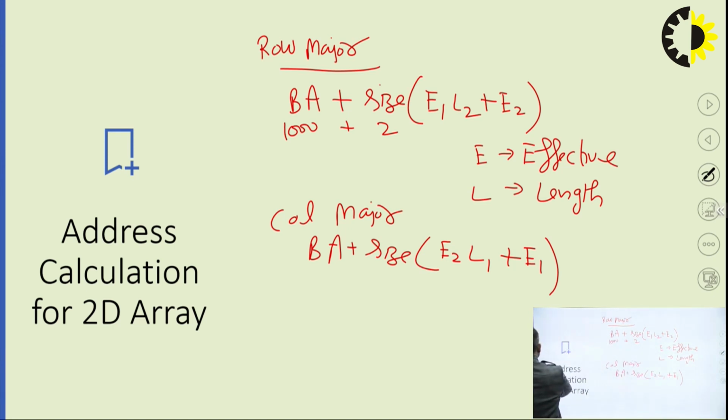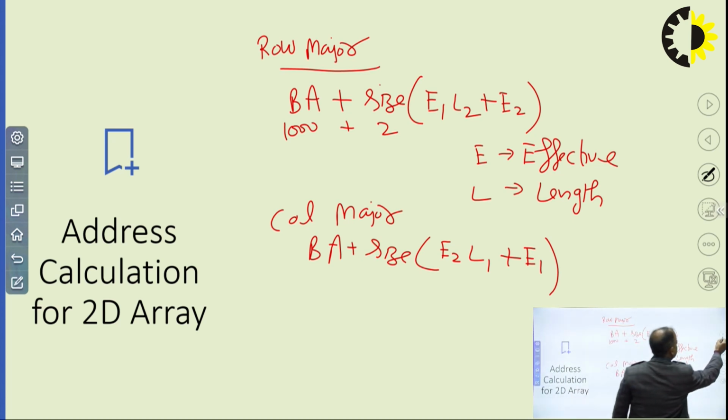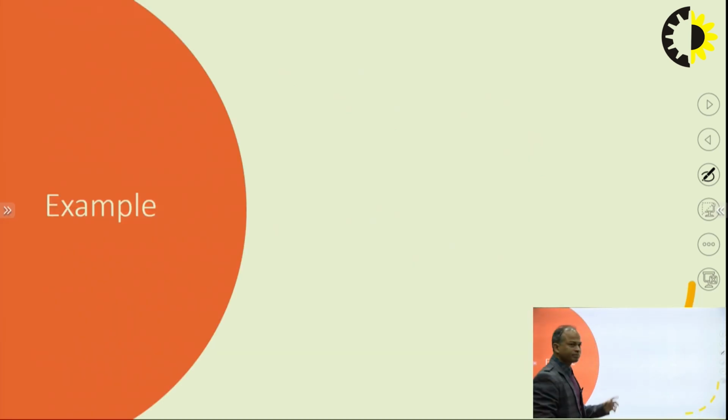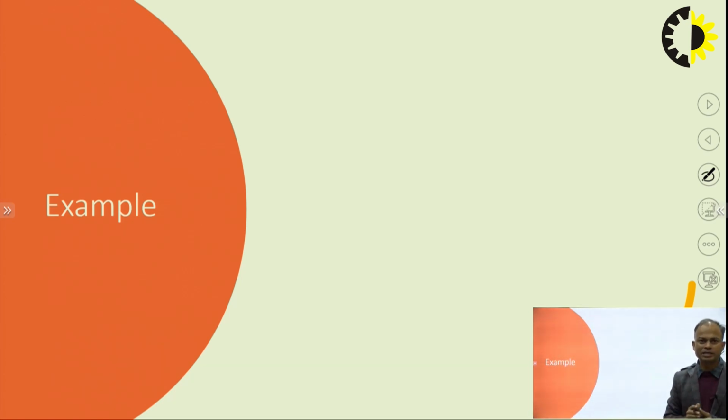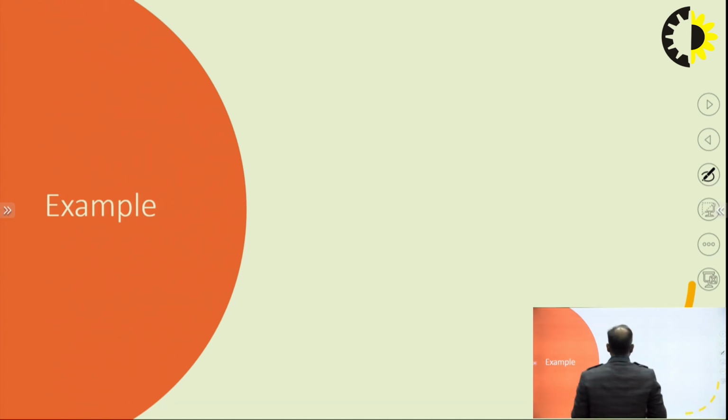Now I am mentioning an example of how, using this formula, if any example is given, we can find out the address of any memory location using the row measure or column measure if a two-dimensional array is given. So I am writing a few entries.